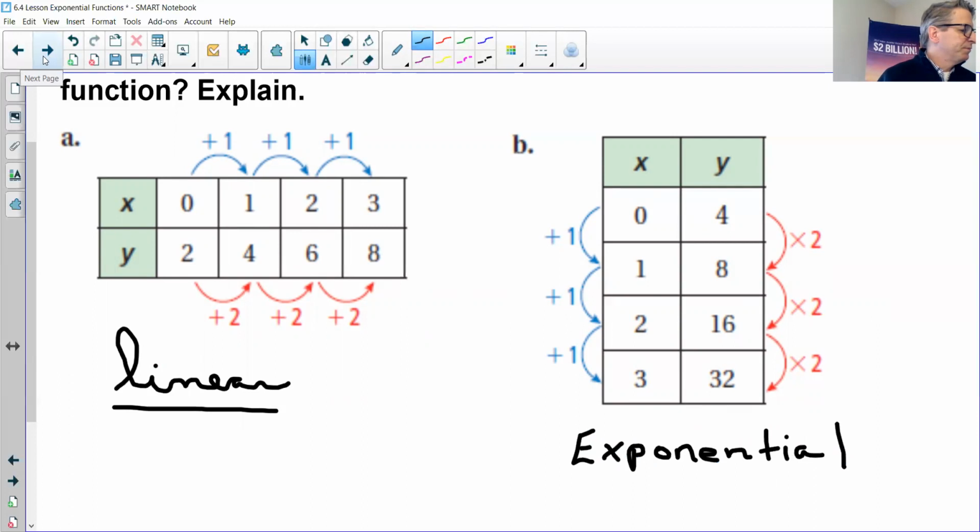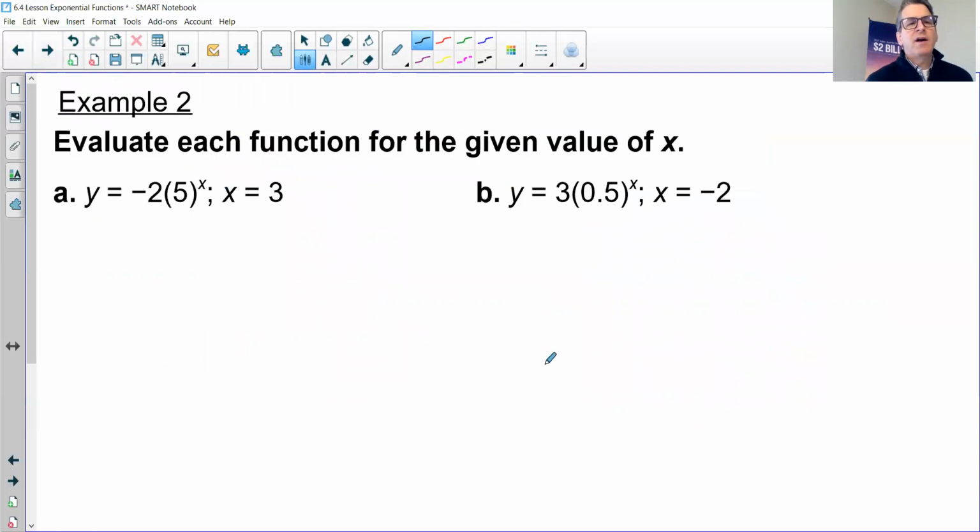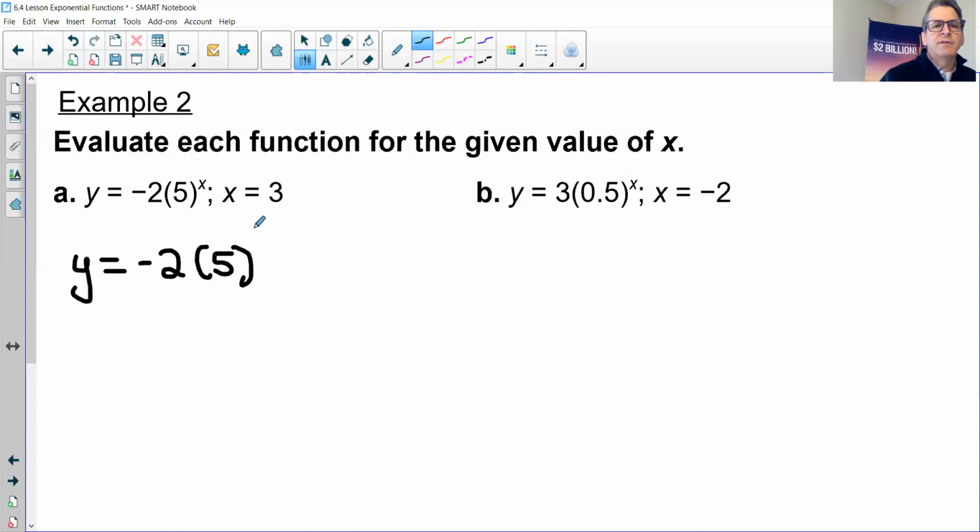Example 2. Evaluate each function for the given value of x. y is equal to negative 2 times 5 raised to the x. x is 3. So that puts us at y is equal to negative 2 times 5 raised to the third.